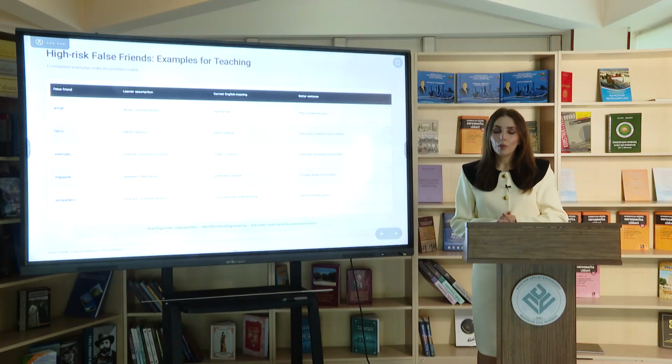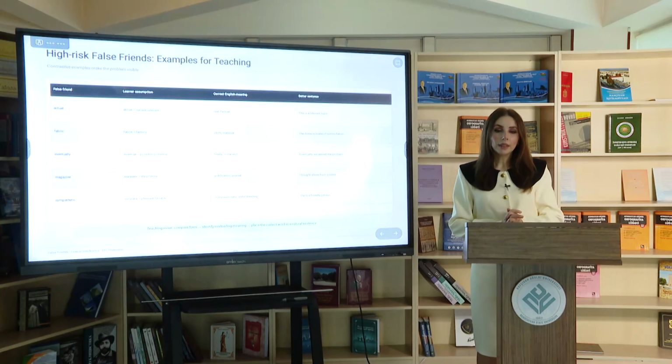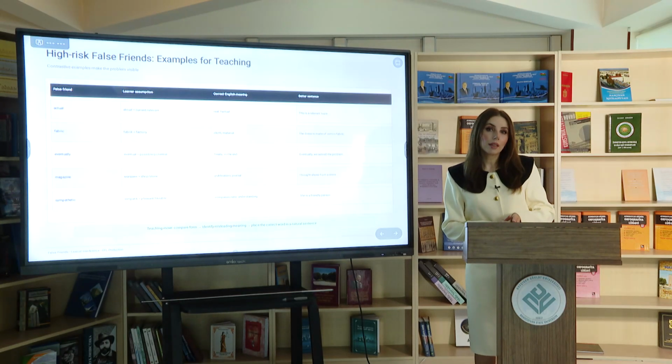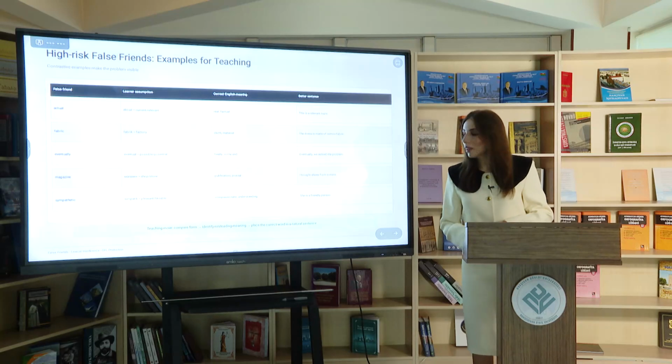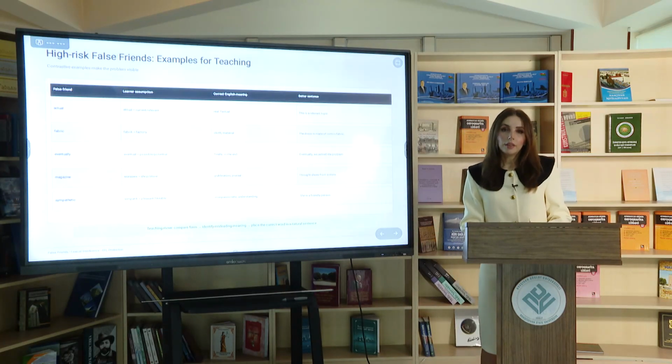That's why they may confuse the meaning of these words. Students may say, "She's a very sympathetic girl," but it is better to say, "She is friendly, she's a pleasant girl."